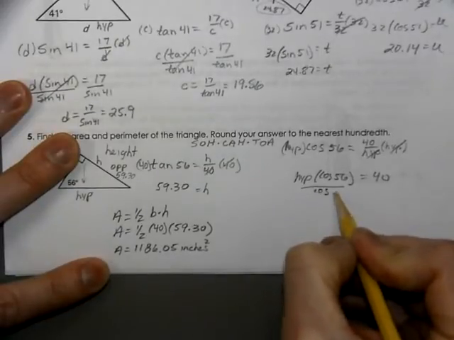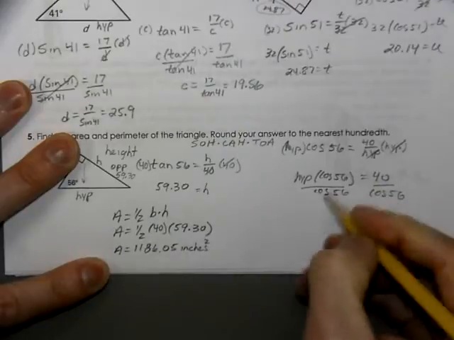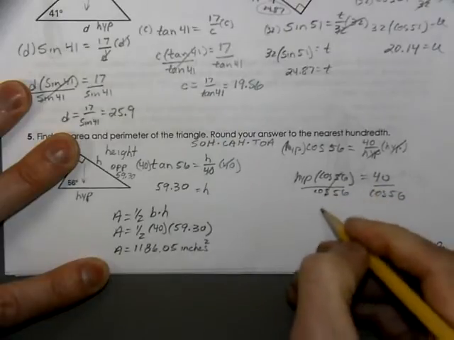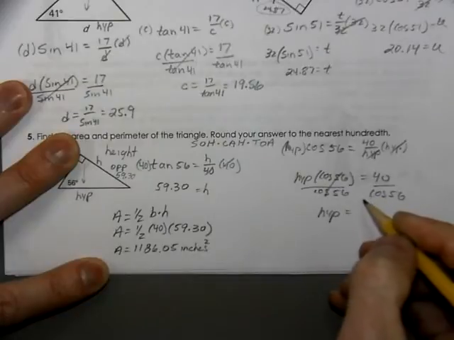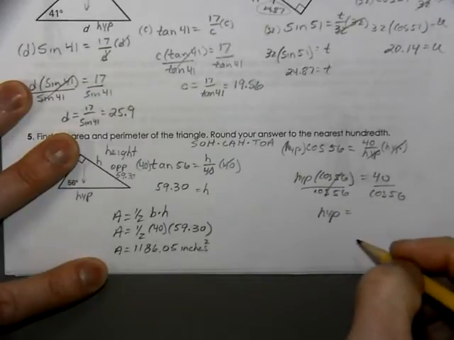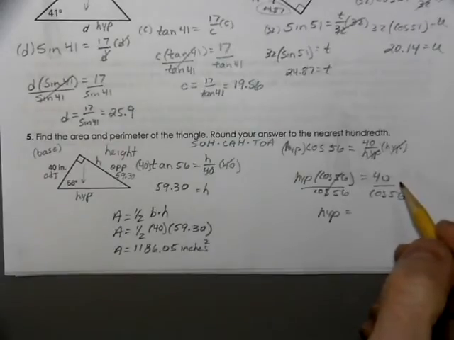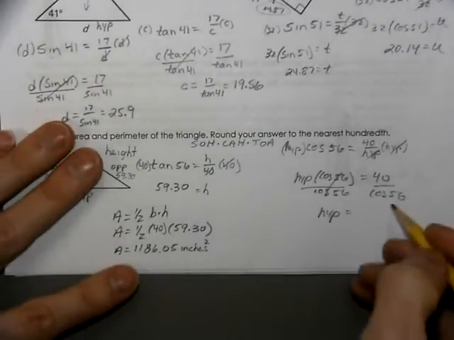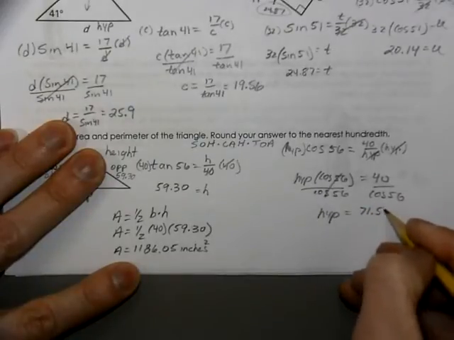So I'm going to divide by the cosine so I can get the hypotenuse by itself. And when we take 40 divided by the cosine of 56 with your calculator, you'll get 71.53.